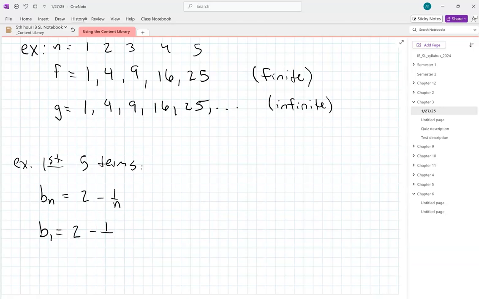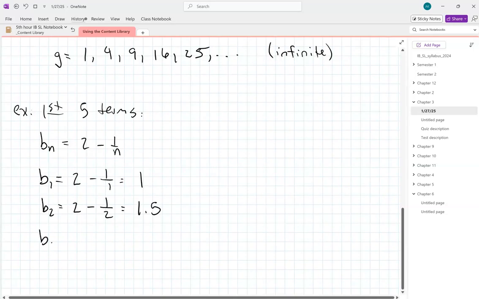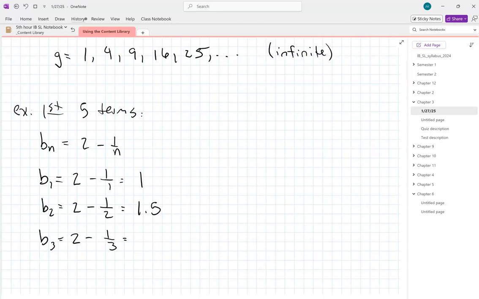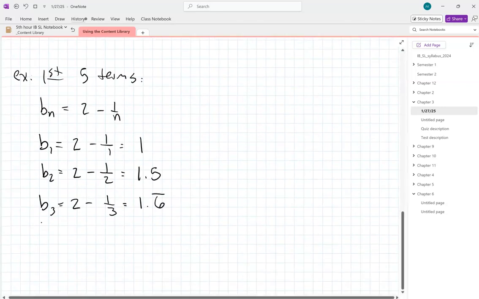Well, I just plug 1 in for n, and I evaluate. The second term, I'm just going to plug 2 in for n and evaluate. I'll plug 3 in for n and evaluate. Plug 4 in for n and evaluate.